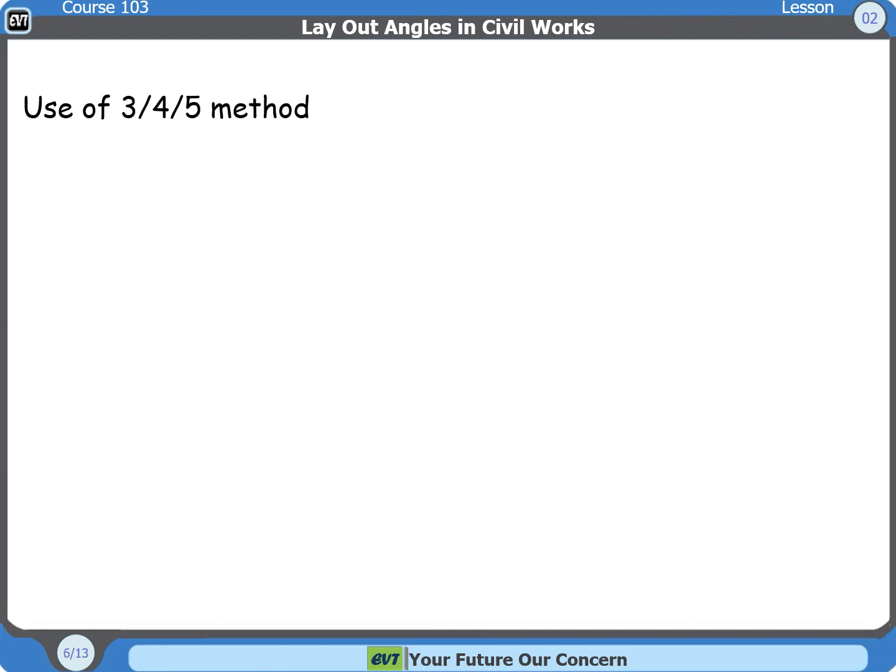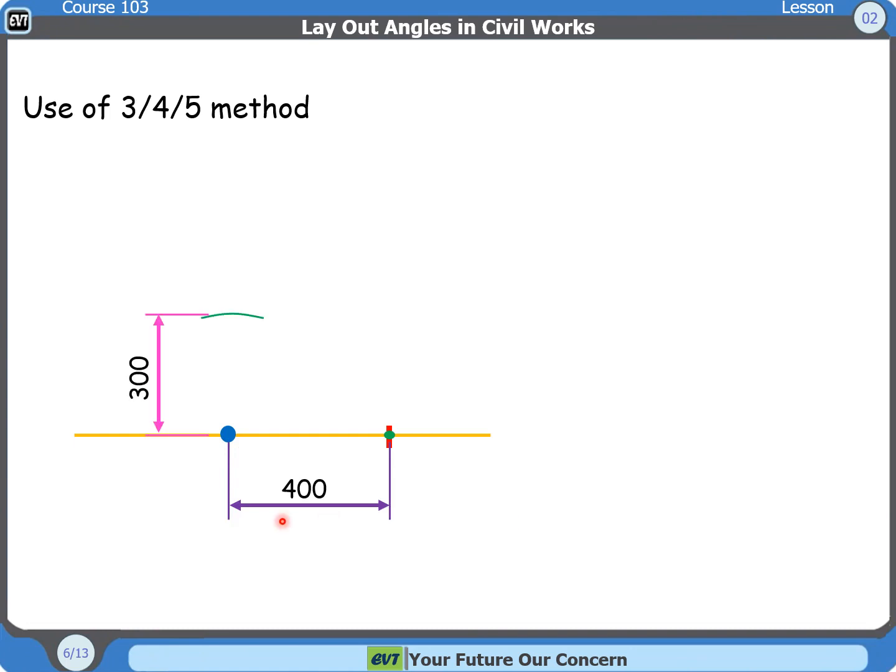Now we pass to know how to draw a right angle using the 3, 4, 5 method. First, you need to start by laying out a horizontal line, the baseline, with a mark of the starting point, the base point. After that, measuring from the base point, mark a length of 4 meters on the baseline. Then measuring from the base point, mark a length of 3 meters, and arc this mark.